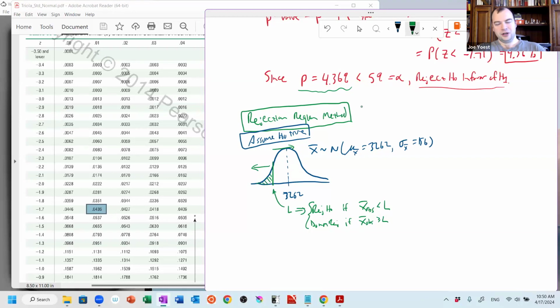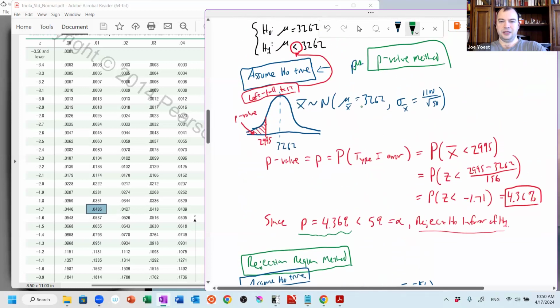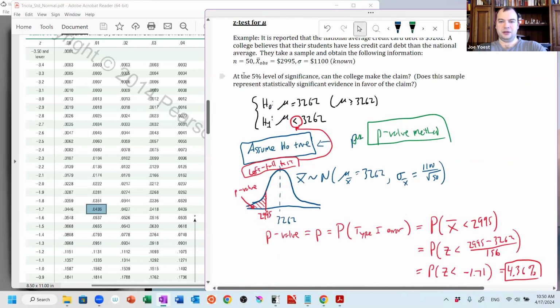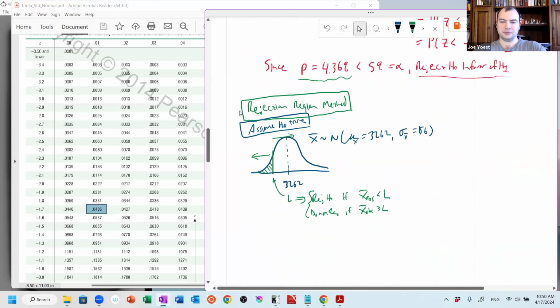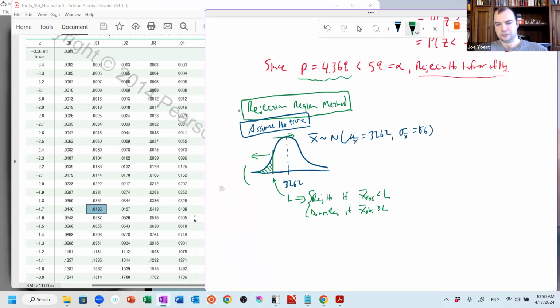Well, I know my cutoff X bar observed is going to be the one with a type 1 error rate of 5%. So really, I'm looking for the 5th percentile of this normal distribution. So L is the 5th percentile of the distribution of X bar.